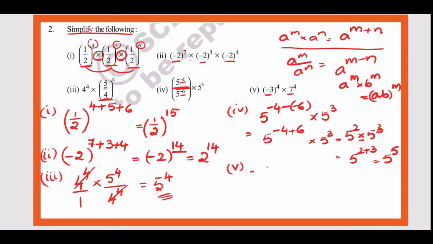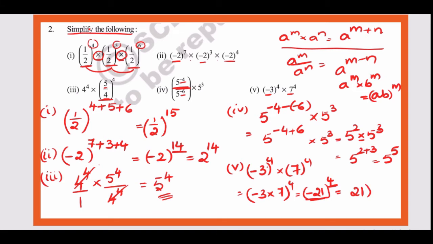Now here I can write it as 3 power minus 3 whole power 4 into 7 power 4. I can write it as minus 3 into 7 whole power 4. So minus 3 into 7 is minus 21 whole power 4. But when you have an even power, there is no effect of the minus, so I can write it as 21 whole power 4.